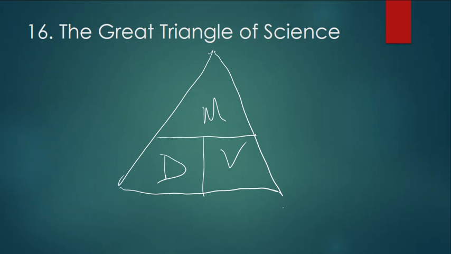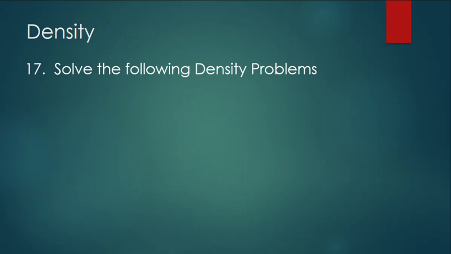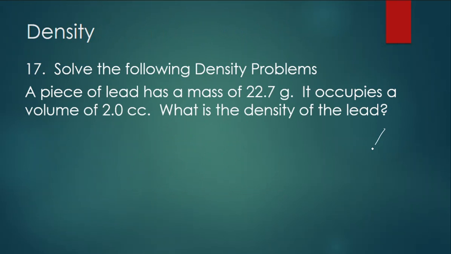Let me show you how it's done. Any question involving density, I immediately write down the great triangle of science. D is equal to m over v.